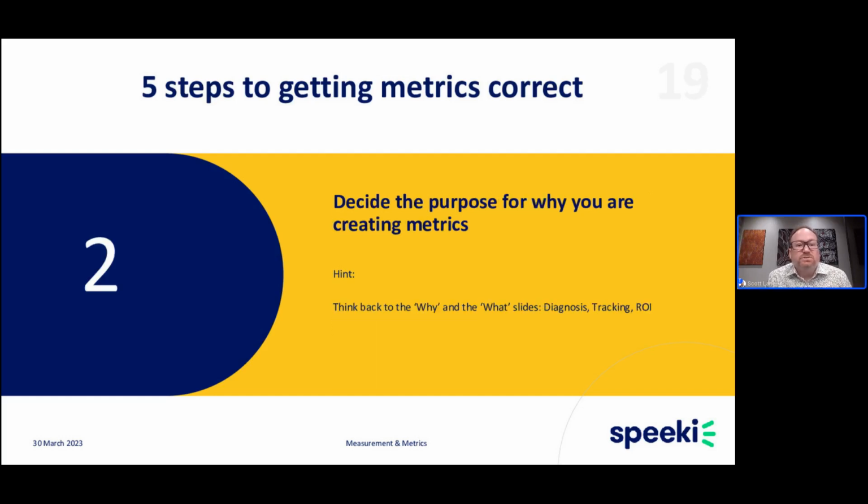Moving on to number 2, you've got to work out why you're creating these metrics. So again, think about the types of metrics. Are you building metrics, which is the current state? Are you building metrics to try and diagnose issues and work out where you need to focus? Are you building metrics in order to track improvement against goals or objectives?